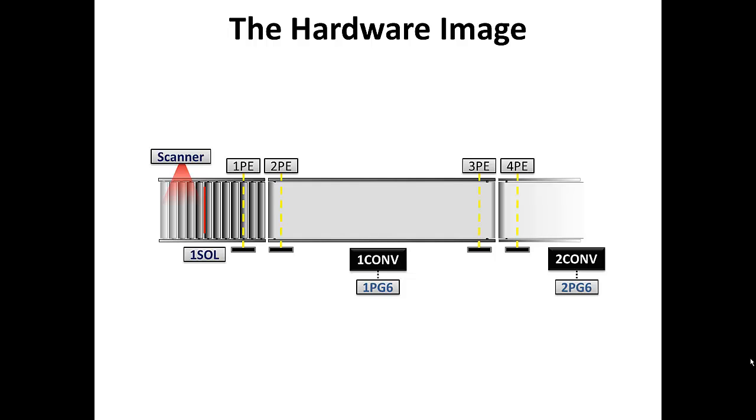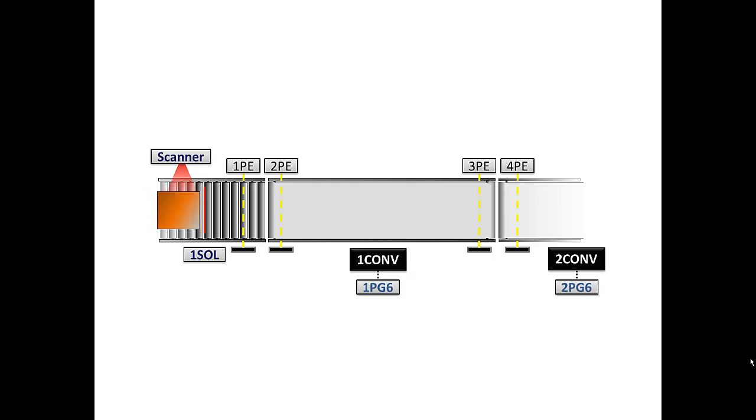And then of course, as the cartons leave the buffer, they're going to break 3 PE as they travel over to the takeaway conveyor. As they're pulled onto the takeaway conveyor, 4 PE will be broken. So let's run a carton on here.